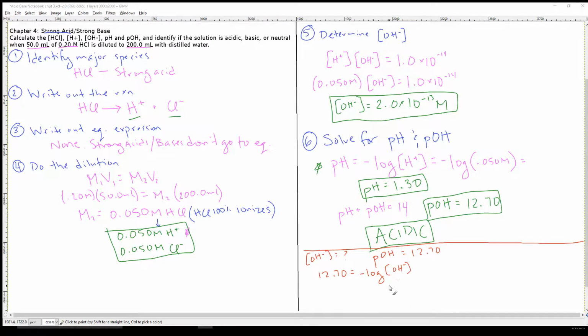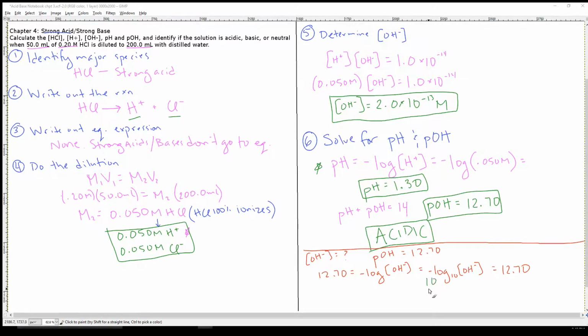And we learned a couple of units ago now that if you take whatever the base is of your log, you can use it to cancel out that log. So if a log doesn't have a base written in there, we can assume it is log base 10. This is the same thing as negative log base 10 of the concentration of hydroxide ions. I'm just going to rewrite it over here. 12.70. Okay, so what I'm going to do then is I'm going to take the number 10.